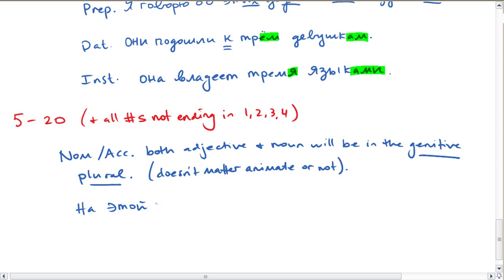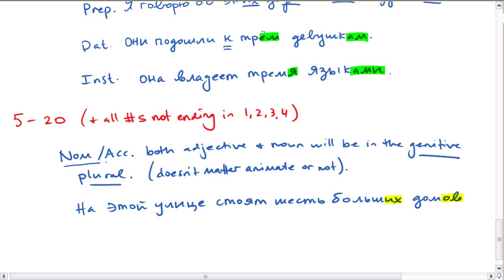Let's look at some example sentences. На этой улице стоят 6 больших домов. So we've got genitive plural, both the adjective and the noun. Now let's look at a compound number, right? So 21 or something like that.